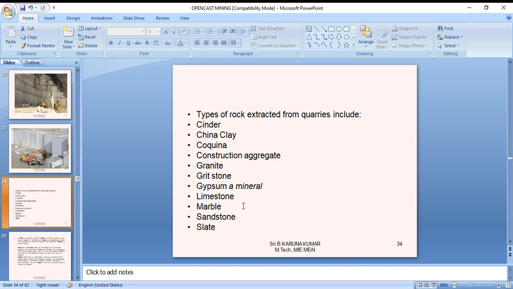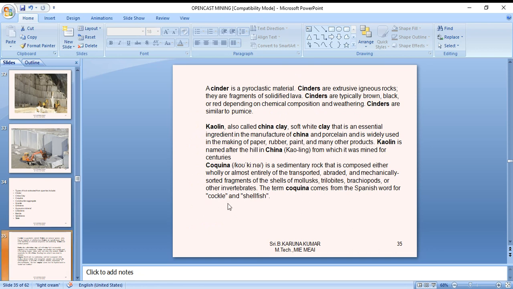These are the types, you are already aware of some of them. In the coming slides, we will go through what I mean by cinders, china clays. But most of these are all extracted by quarry. It's called a quarry. Now I come to them one by one.